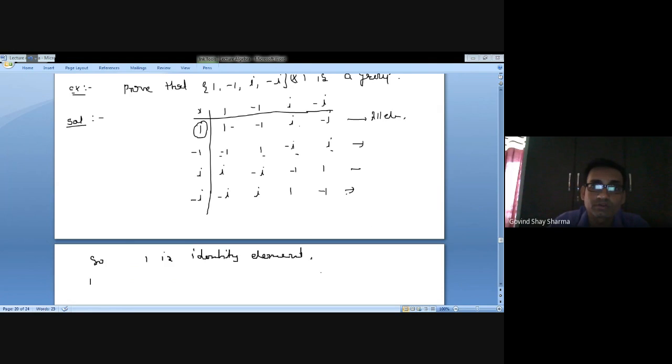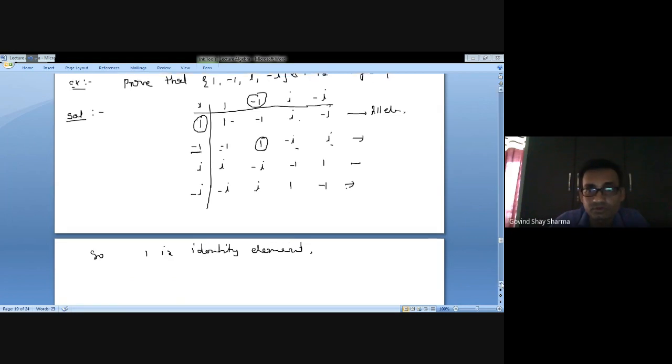Second, for minus 1 the inverse element is itself, minus 1, because minus 1 multiplied with minus 1 gives the identity element. For iota, we get 1 by multiplying with minus iota.